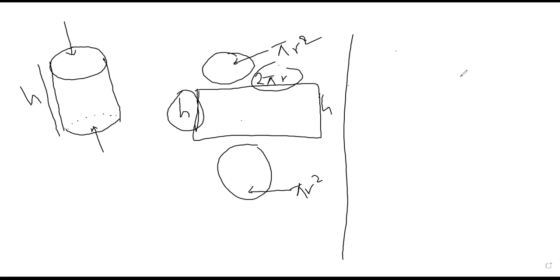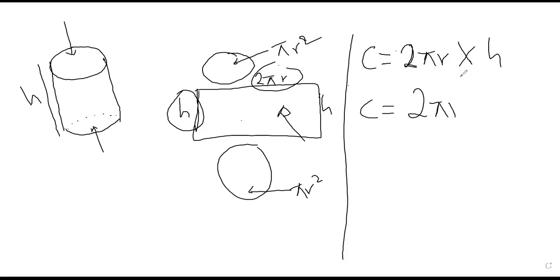So if you want to find the area of this particular rectangle, the lateral area, which is the curved surface area, is equal to 2 pi r, which is the length, times the breadth, which is the height. So when you multiply the two together, we have the lateral area of the cylinder equal to 2 pi r h. So that is how to find the lateral area of the cylinder.